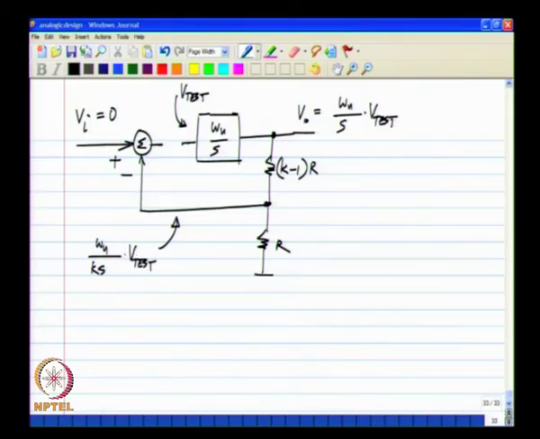Okay. And at this point I get the same thing, but with a negative sign: minus omega u by k s times V test.